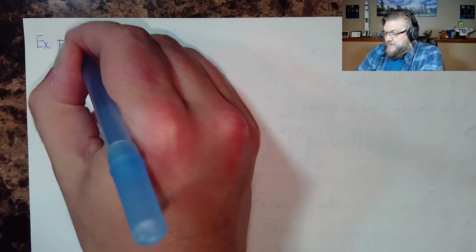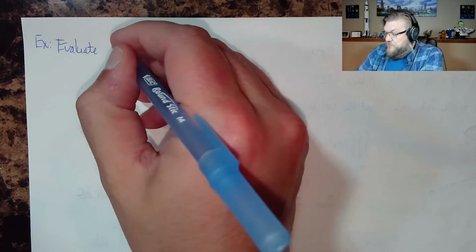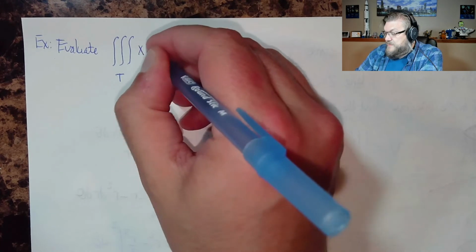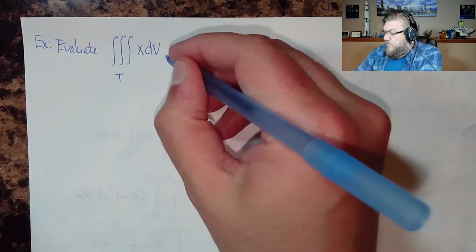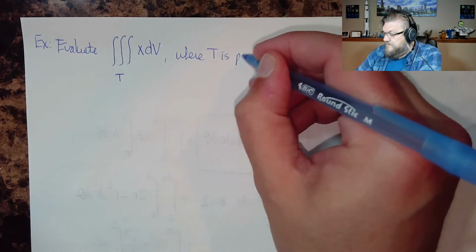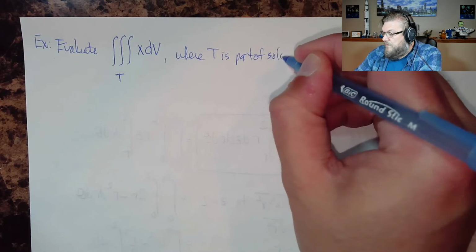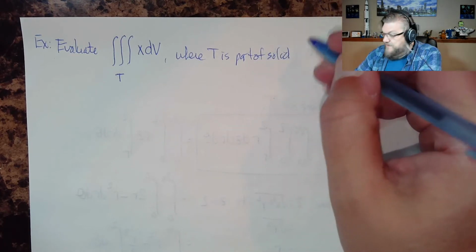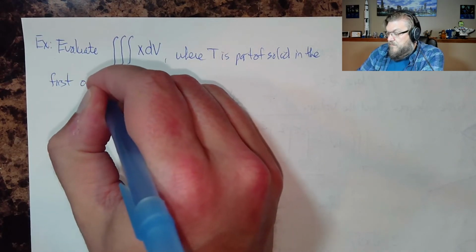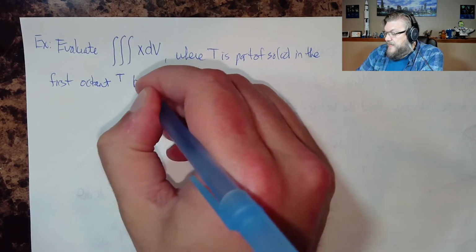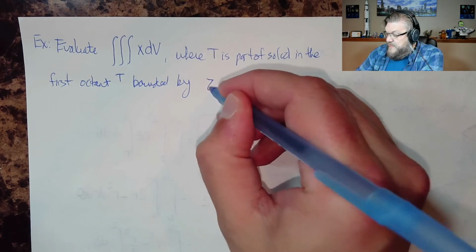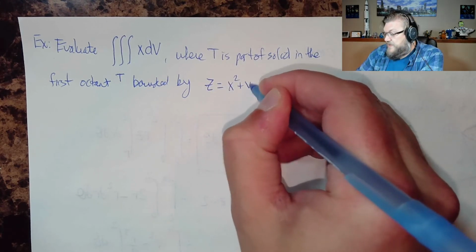They say evaluate the triple integral over T of x dV, where T is the part of the solid in the first octant bounded by the paraboloid z equals x squared plus y squared.